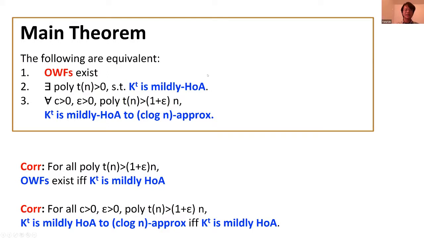And here we need the entropy preserving property. And from entropy preserving PRG, we show that KT is mildly hard on average to C log n approximate. And if we start from 3, then 2 is basically trivial. So that's basically how our proof works.